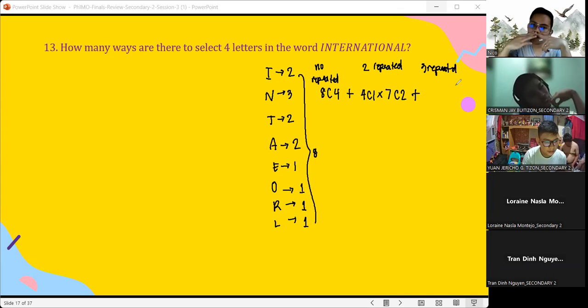Two repeated. Wait, kasi we cannot do 13C4 directly. Wait lang, I'm still thinking. 4C1, two repeated, three repeated. 4C1, 7C2. This one's correct, no? Out of four, one. Zero, 8, all repeated. So one, two, three, four. Out of 4, choose 2 each.